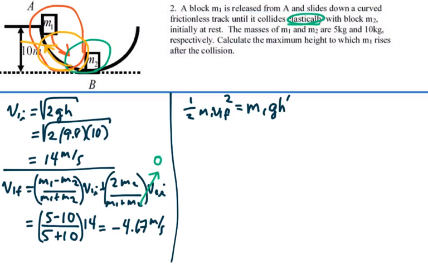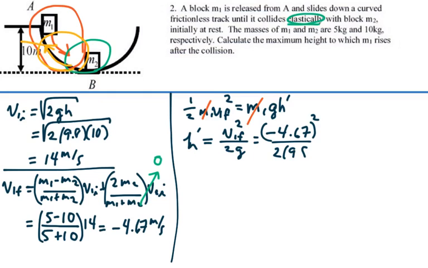Mass 1 cancels out, and we have that our final height is equal to V1 final squared over 2g, which will be negative 4.67 meters per second squared over 2 times 9.8, and that's equal to 1.11 meters. So the final height that M1 rises to is 1.11 meters.